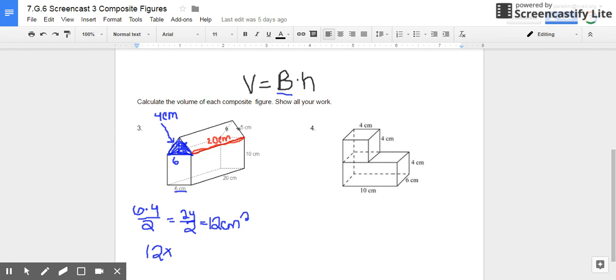So then I have 12 times 20, which is going to give me the volume of the triangular prism. I type this in, 12 times 20, and I get 240. So the volume of the triangular prism is 240 centimeters cubed.